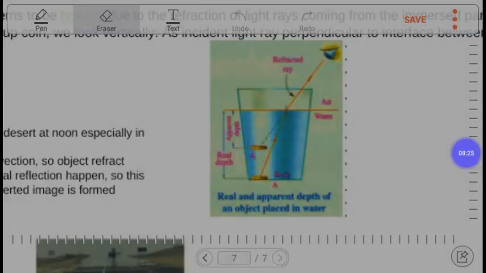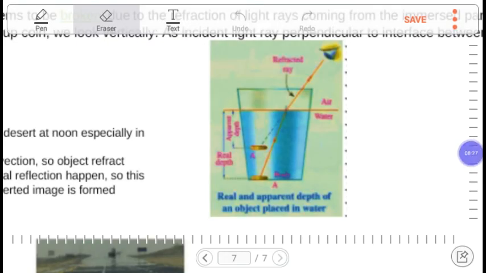And also we have the apparent position of objects. When we submerge an object inside water, it is seen in an apparent position slightly above its real position, as the coin shown in this figure.